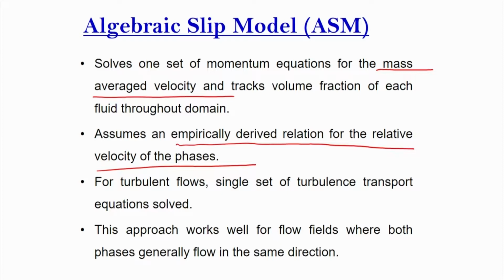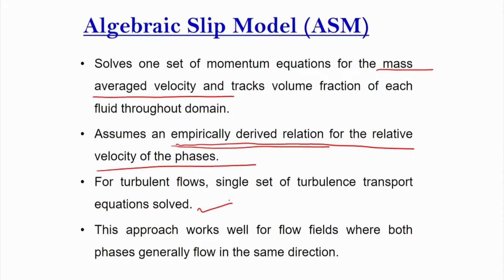This relative velocity equation is an empirically developed equation. So your accuracy or prediction will depend on the accuracy of this empirically derived relation. That is the major assumption of this modeling method, and that is why the accuracy is not very high, particularly when the dispersed phase concentration is very high or the slip velocity is very high, and we will see that.